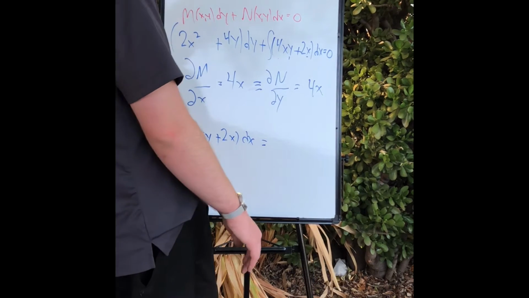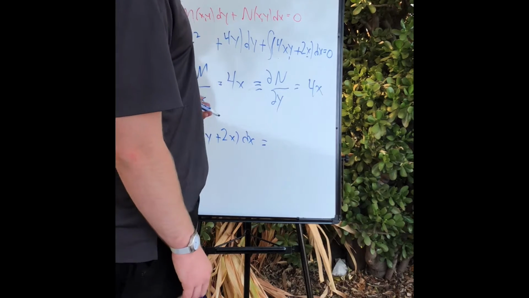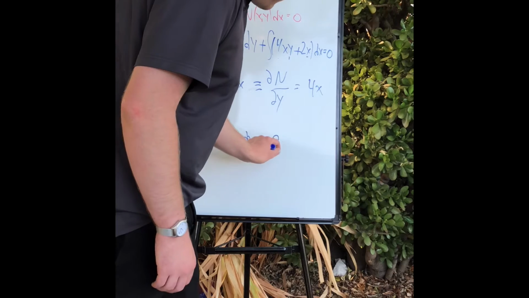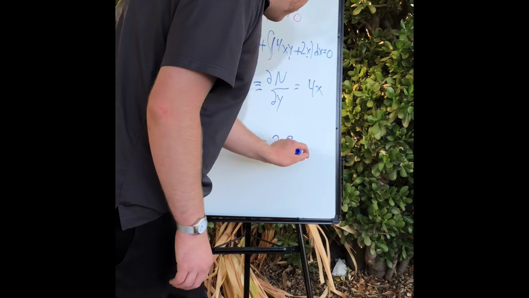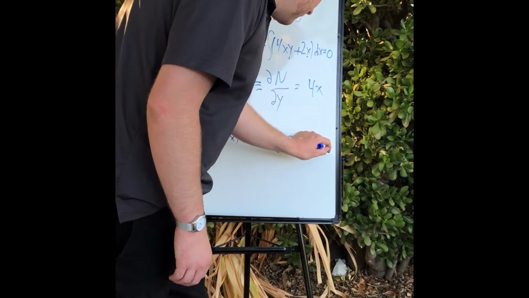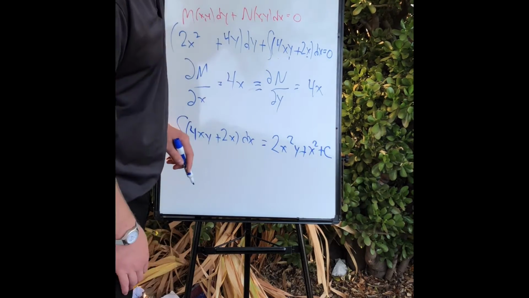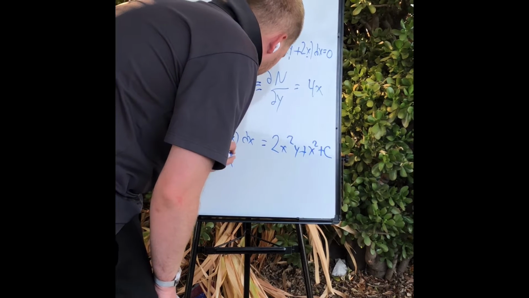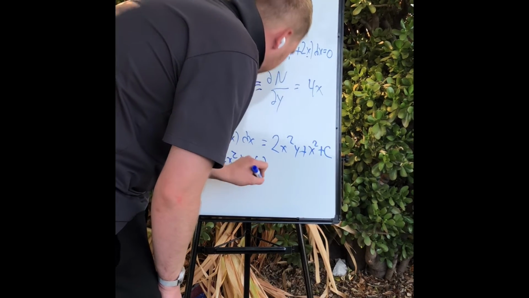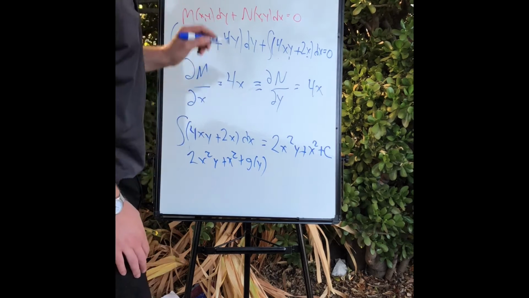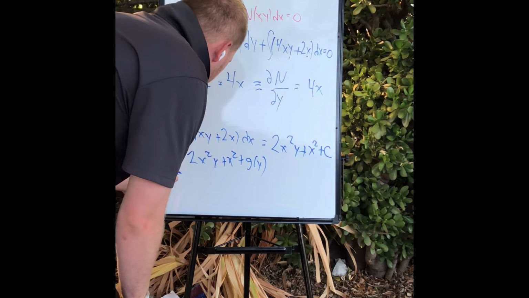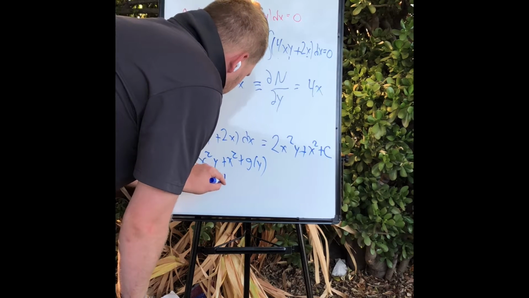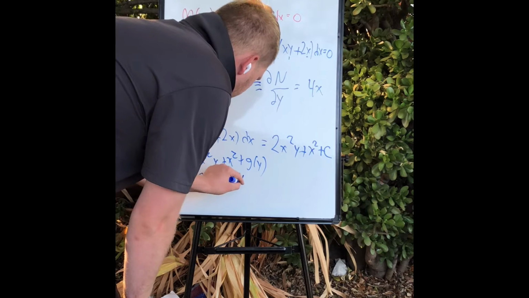The integral of 4xy with respect to x is 2x squared y plus x squared, plus some constant, which we can call g of y. Okay? So now we're going to differentiate this with respect to y, and we're going to find that that's 2x squared plus g prime of y.